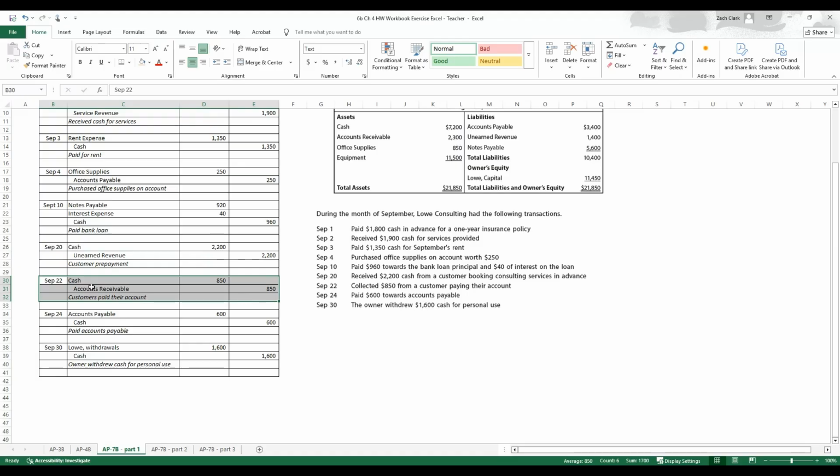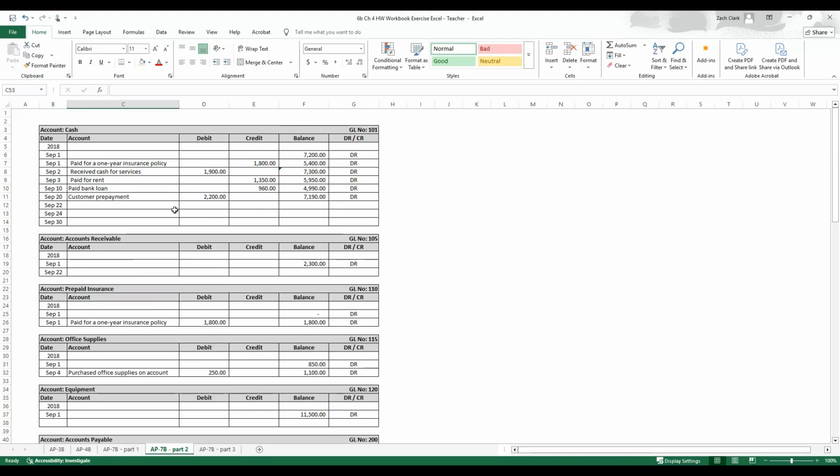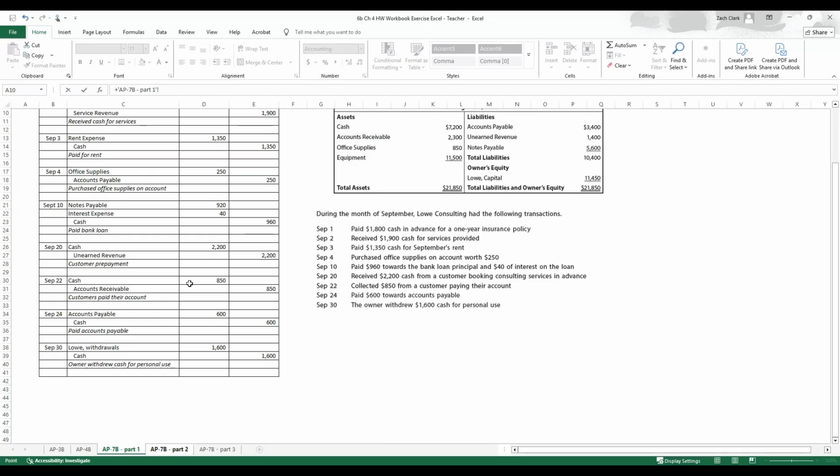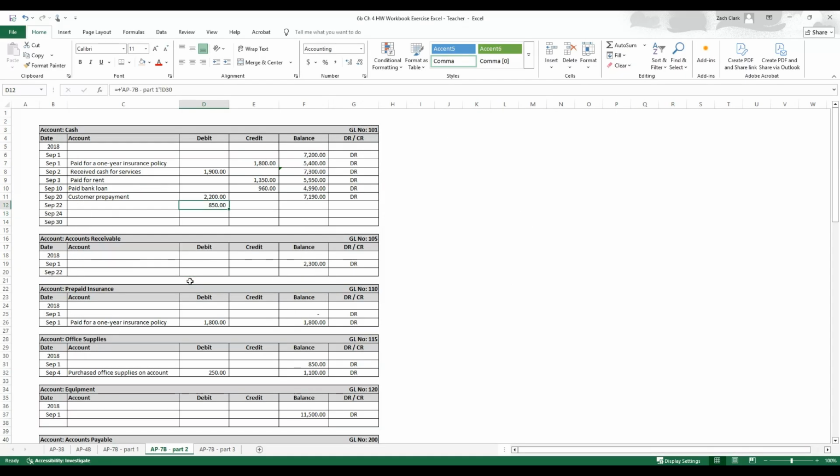Let's look at the next one here. Okay, we got a receipt of cash and it decreased the receivables. So let's start with cash. So we had a debit to cash. And again, we're just going to add that to our running total.